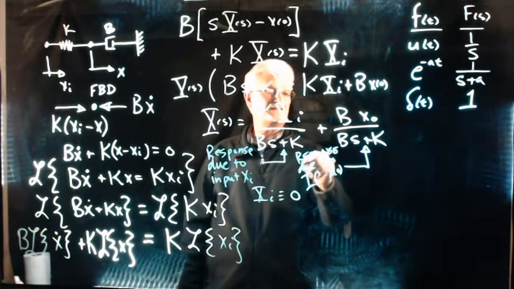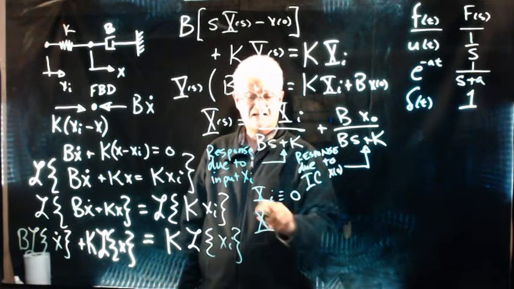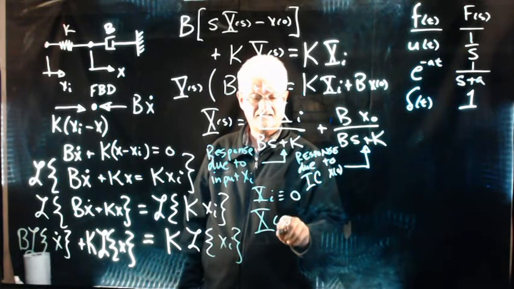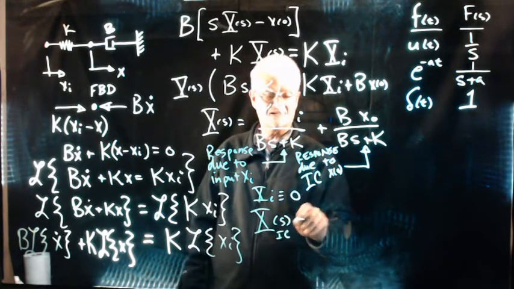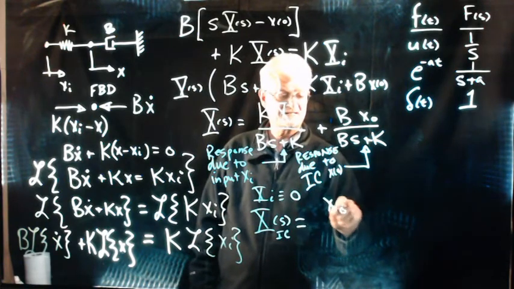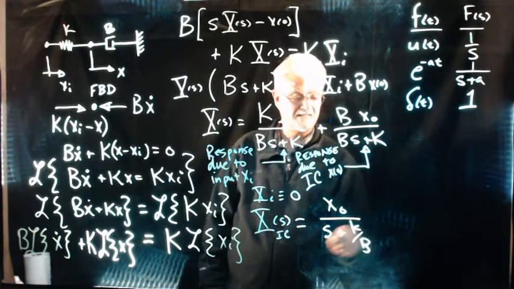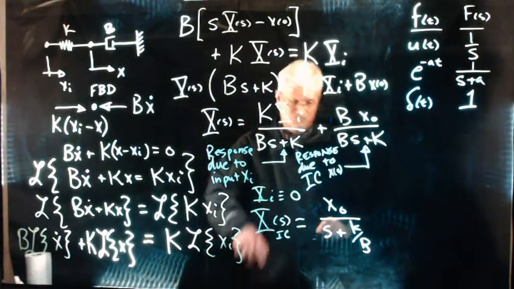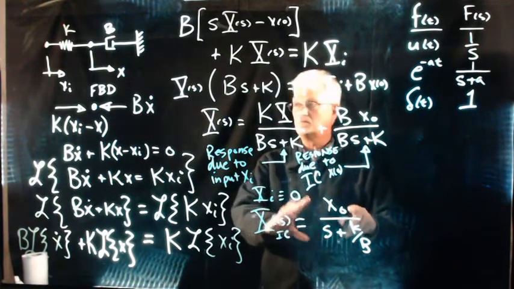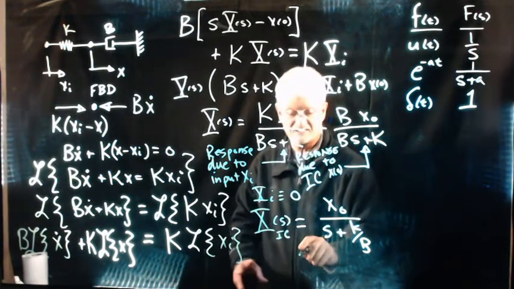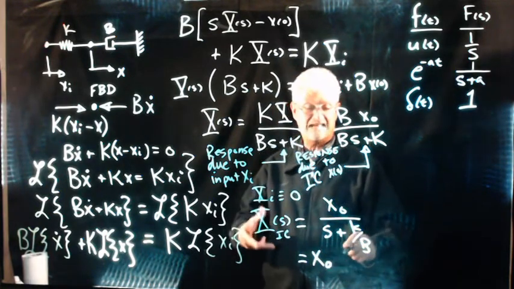I can say x of s due to the initial conditions only, I'll put a little IC here, is equal to x0 over s plus k over b. Our principle of superposition, multiplication by a constant, tells me that whatever x0 is, that's fine.